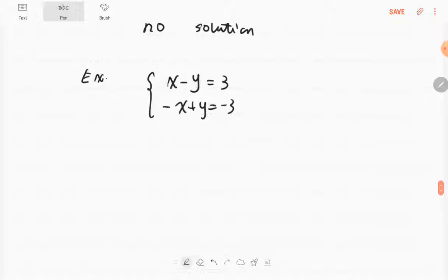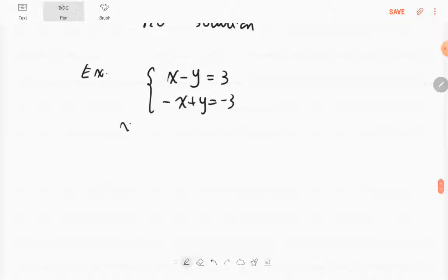If we observe these two equations, we will find that they are kind of weird. Because for the first one, we get x minus y equals 3, right? And the second, we have minus x plus y equals negative 3.